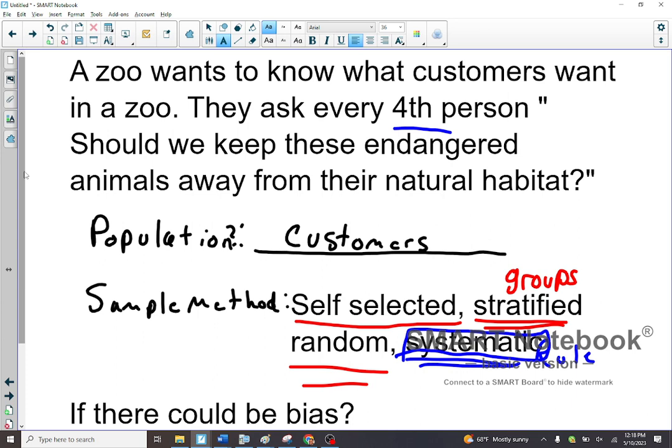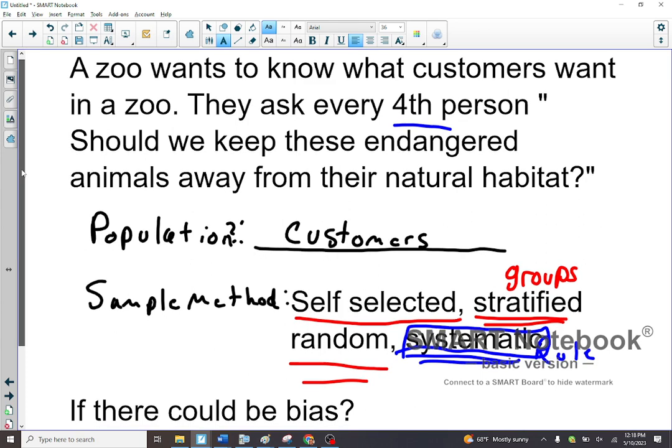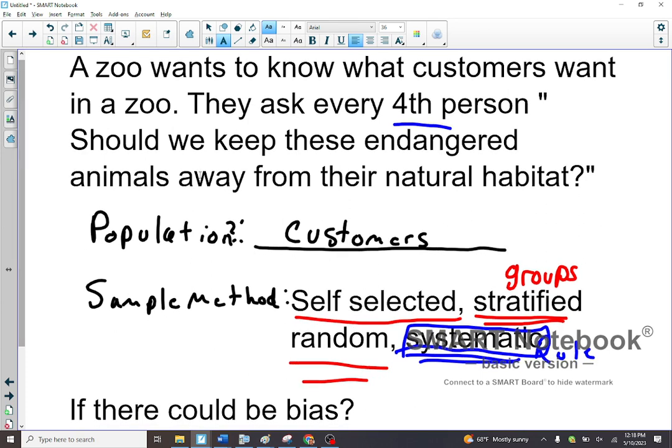What's wrong with the question? They're being specific about it. Look at how they're saying it. Should we keep these endangered animals away from their natural habitat? It seems like they're holding them hostage in this language, which might make you feel bad and make you say yes or no. A bias is something that could influence a person's choice.